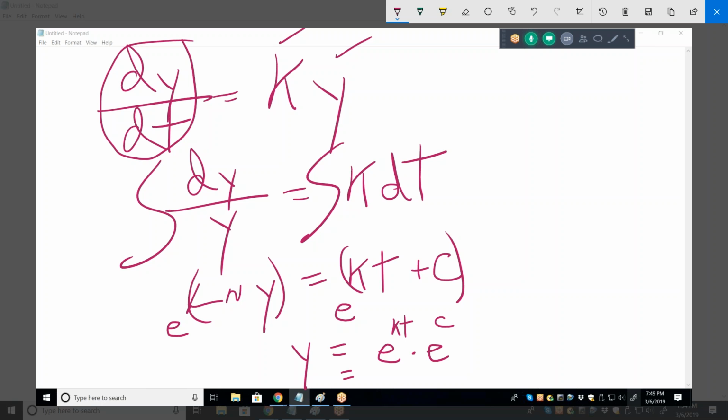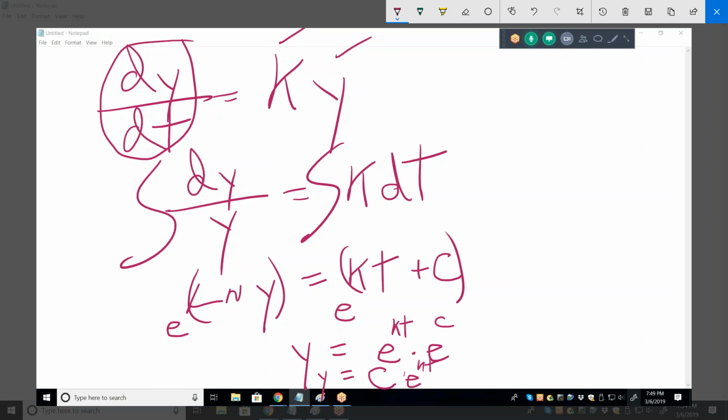Now, e to the c is just another c. E is a number. So if I take a number to that c, I get another c. This time I'm going to put it in front. So I get c times e to the kt.